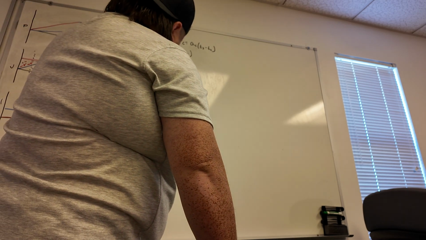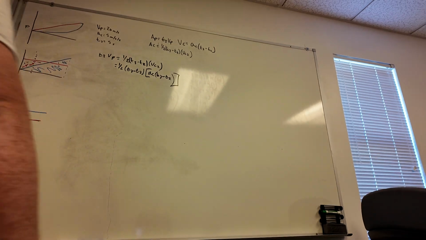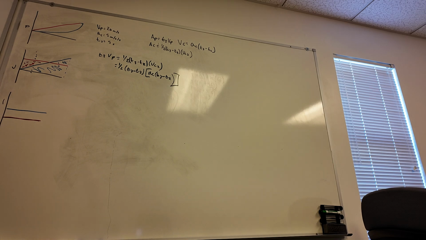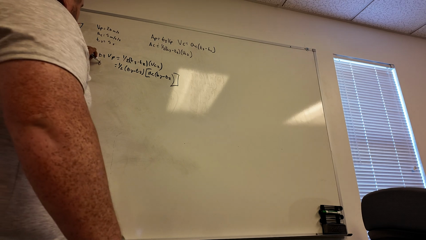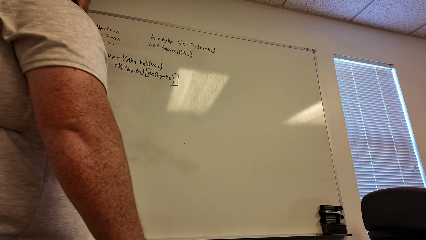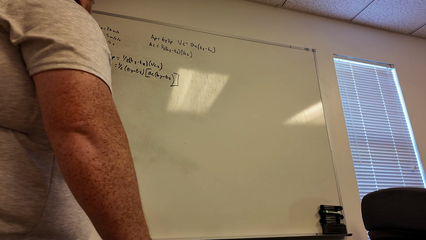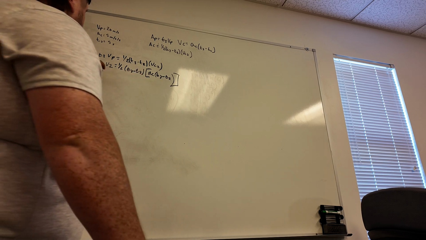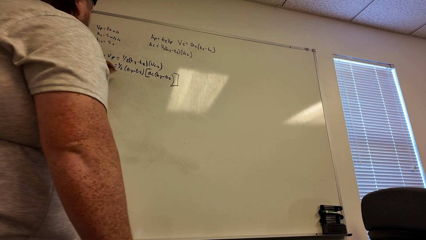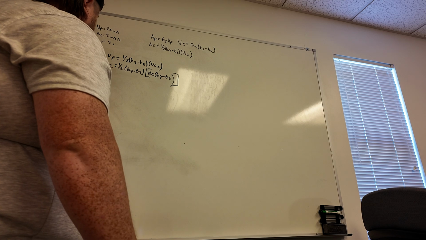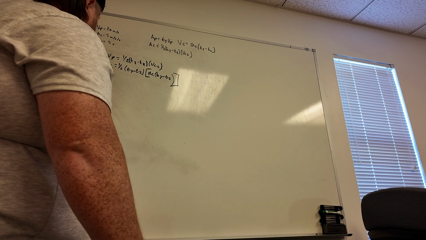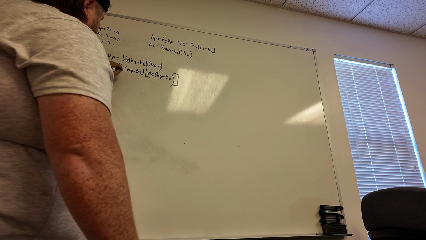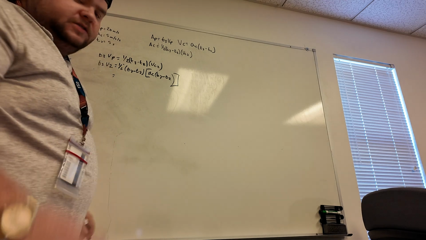Brilliant. Moving along. Now that we've done that, we are going to move over the AC, the acceleration, as well as the 2. So basically I'm going to divide by the AC over here, and then multiply by the 2 here, reciprocal.